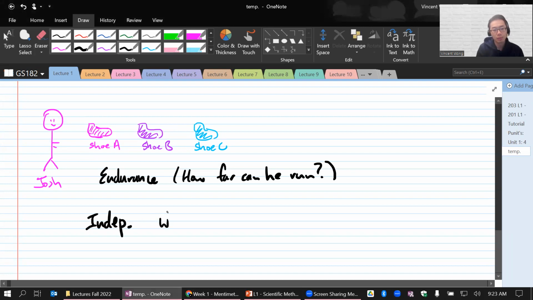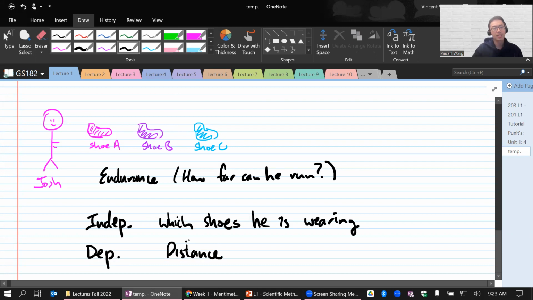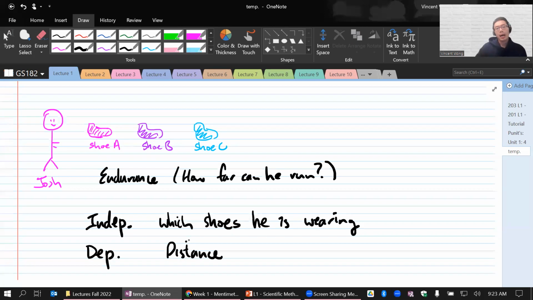Which shoes he is wearing. Make sense? He gets to choose. And then the dependent variable is going to be the distance, right? So he's gonna do this experiment. He's gonna wear different shoes, and then he's gonna do the run and see if it affects him.